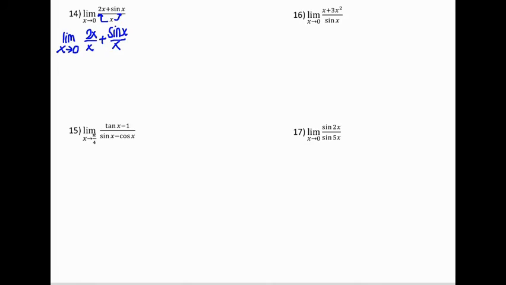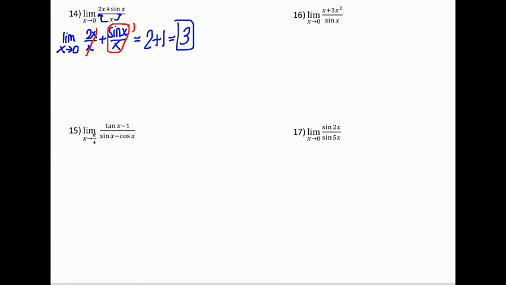Now I've sort of legally separated these two terms. This first fraction, if I just plug in 0, I'm going to get 0 over 0. Well, that's because this can reduce. I can cancel out the x's. And sine x over x, that's a blob. That goes to 1. So this limit actually goes to 2 plus 1, and I get 3.